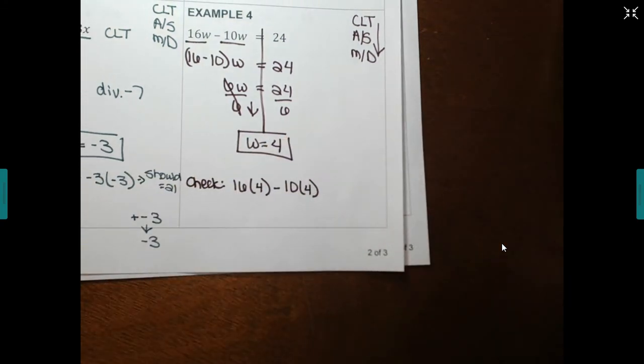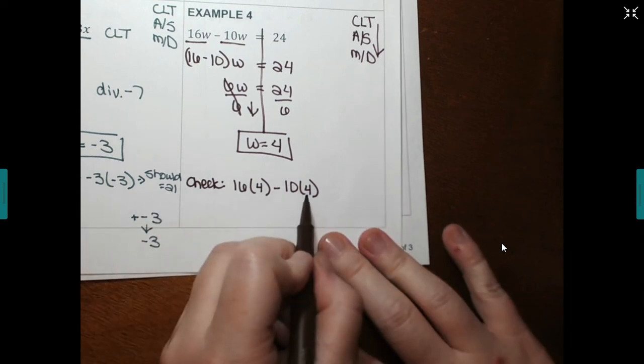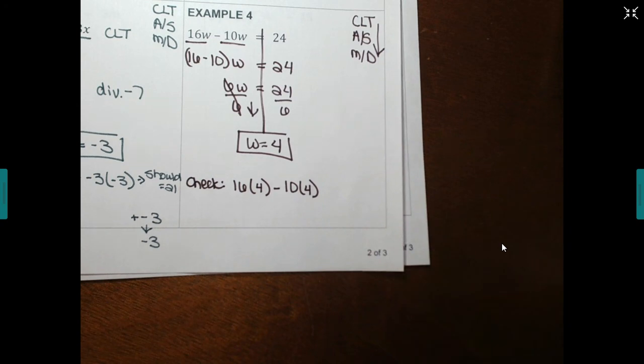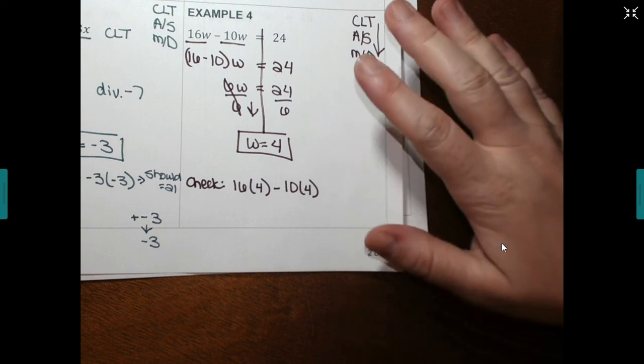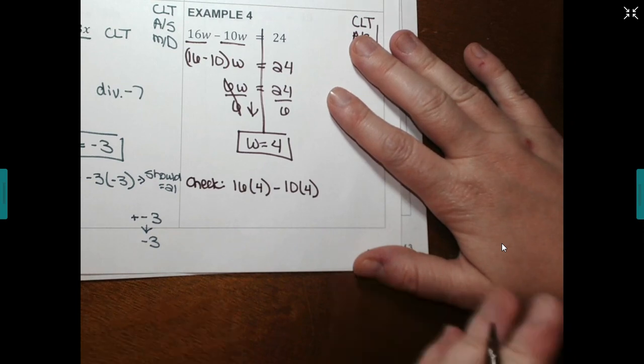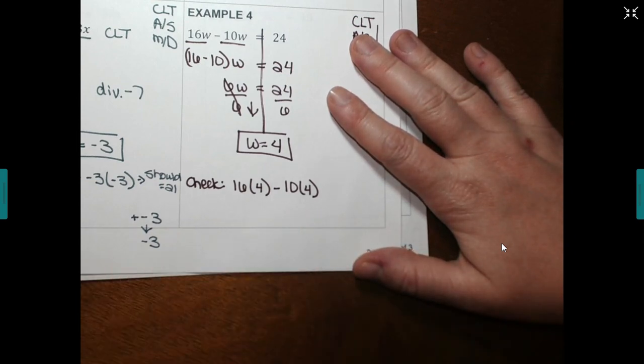It only really becomes a problem when you've also got a negative here, and you have to remember to multiply negative 10 times negative 4. That's where it gets really goofy. But if you want to do it this way, you can. See how it works for you.